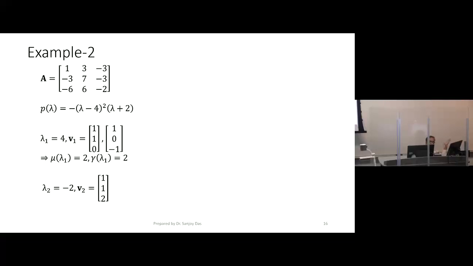It's just a standard convention to normalize it. Here, I could have normalized this by dividing with 1 over square root of 2, 1 over square root of 2, and dividing this with square root of 6. It's a good idea to normalize the eigenvectors. So these are for lambda 2, the algebraic and the geometric multiplicities.